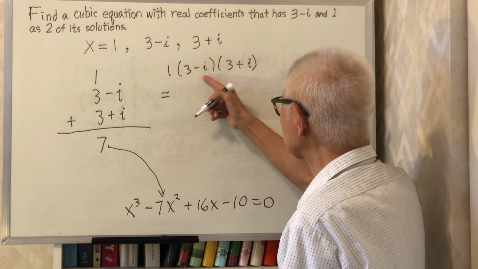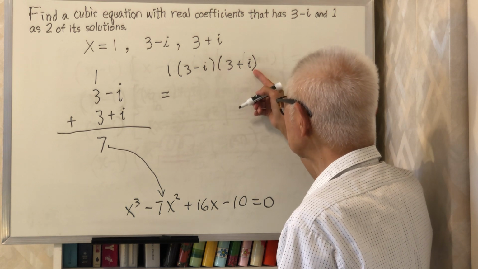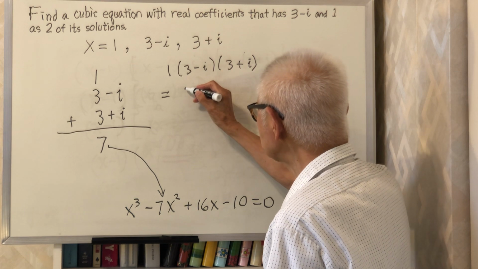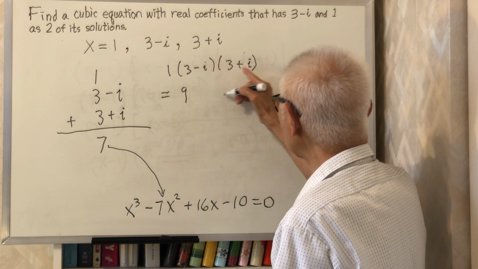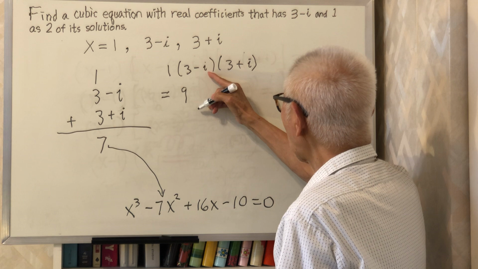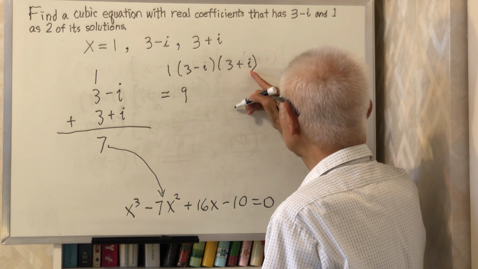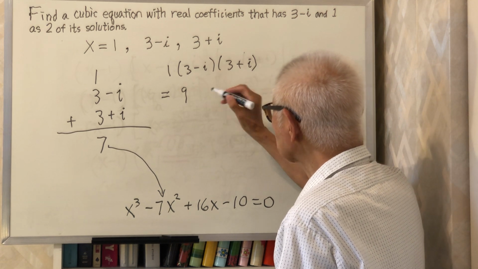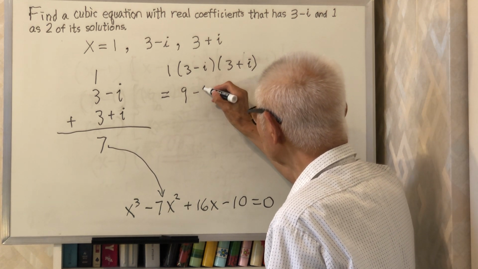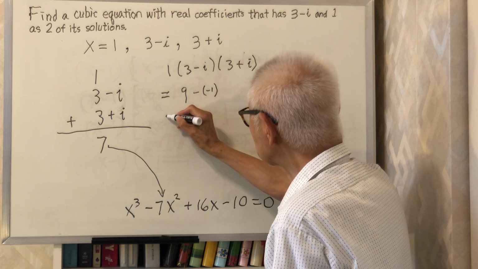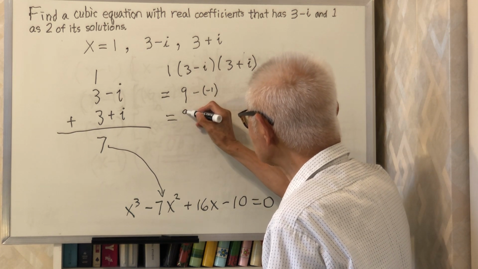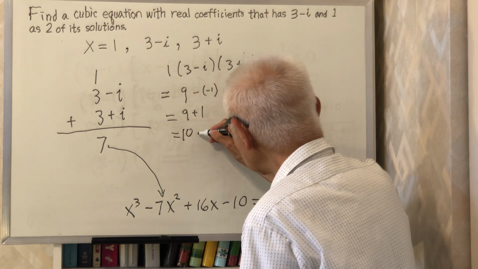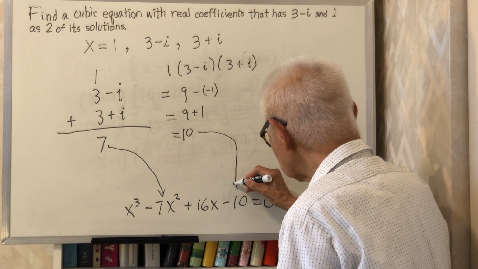And this is a minus b times a plus b, that is a squared minus b squared. a squared is 3 times 3 is 9. b squared is i squared. i squared is minus 1. But I have a squared minus b squared. So I have minus negative 1, which is 9 plus 1, which is 10. Look, 10 is here.